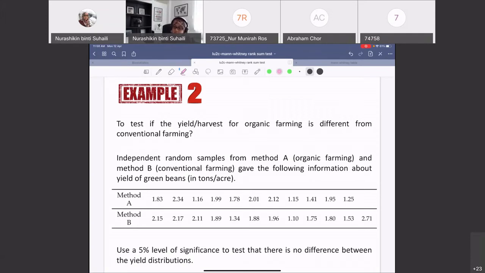So the question asks to test if the course is able to improve the performance of the students. If you understand the problem, it is about comparing the performance before and after. So that word is not stated directly, that the test is whether the post-course score is better than the pre-course score.